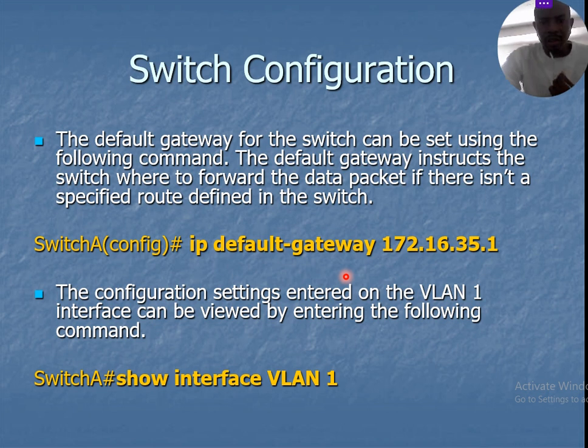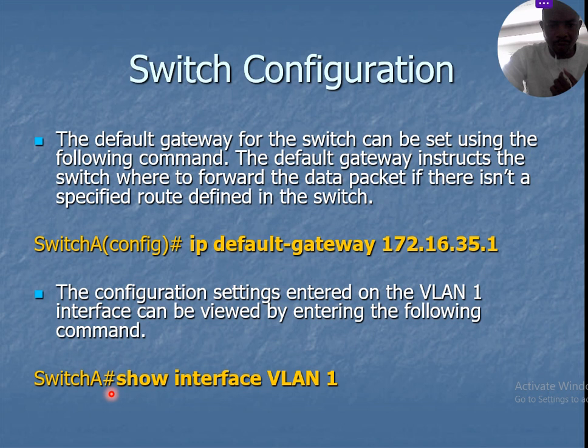Now, everything that you've put on the VLAN 1 interface, the one we've done, can be viewed by entering a specific command. If you want to see what you have entered, you say switch A hashtag show interface VLAN 1.